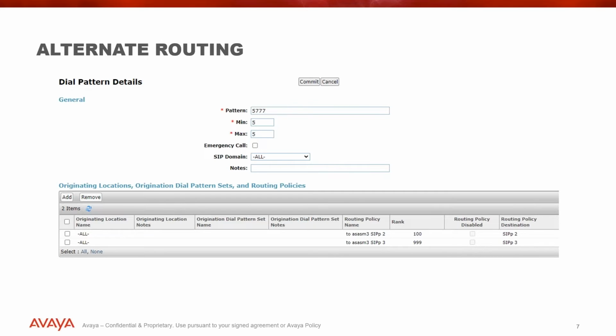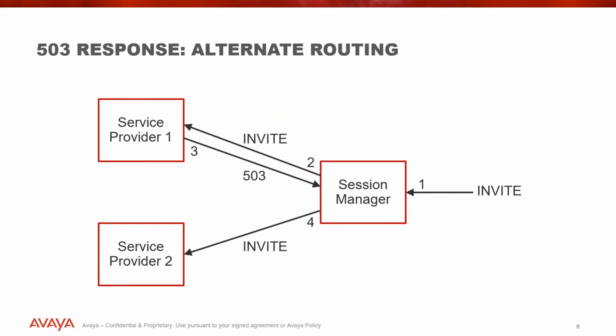If you gave your 2 routing policies equivalent ranks, then Session Manager would randomly choose between the 2, creating a load balancing effect. You'd get a 50-50 load balancing, basically. But in this case, we want to go to the first routing policy, and if that fails, we go to the second routing policy. What that looks like is this.